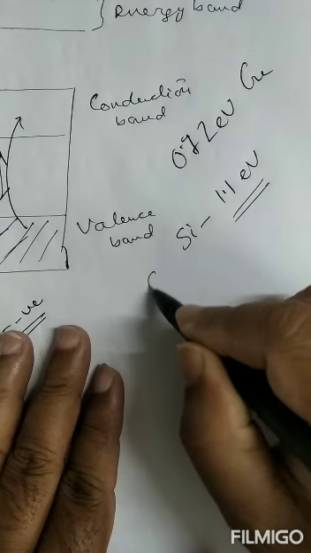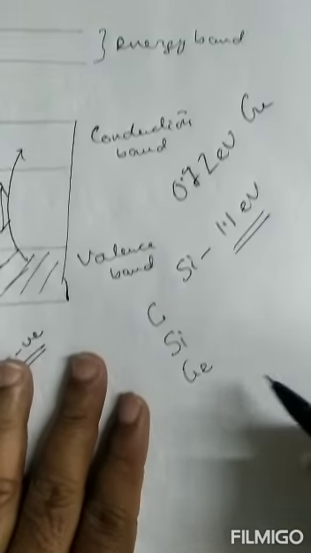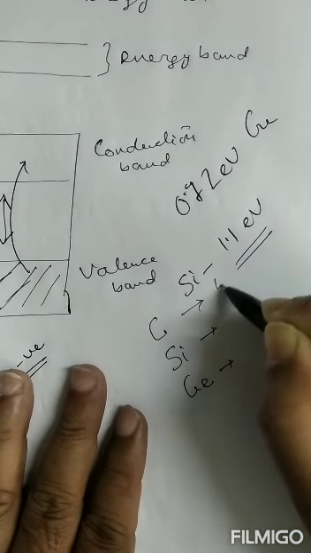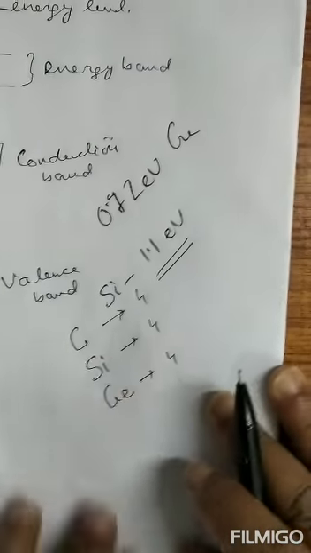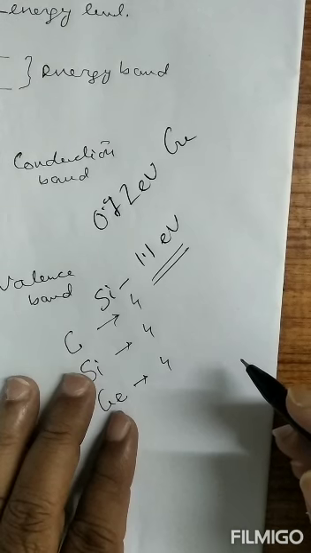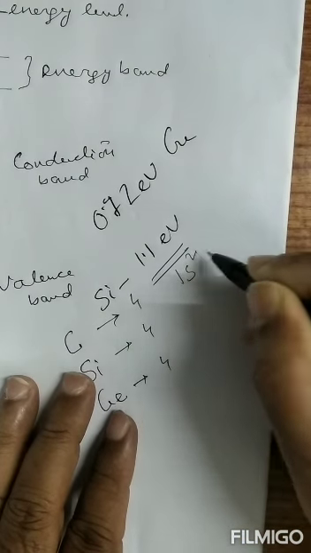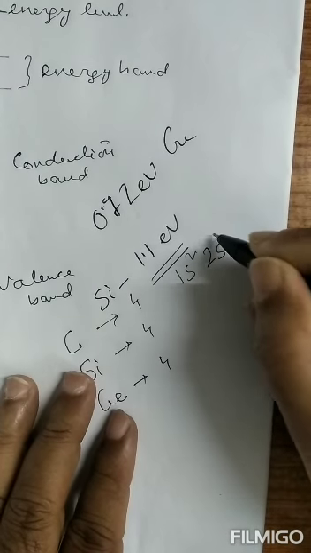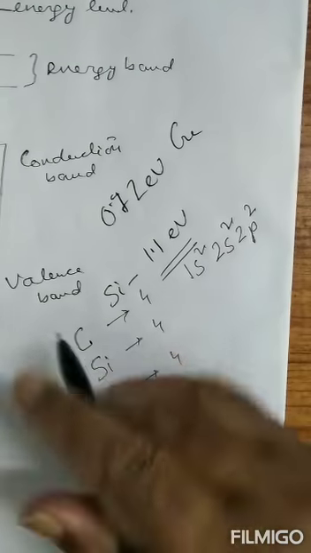As for example, carbon, silicon and germanium, all these atoms have 4 electrons in their outermost shell. Can you remember the electronic configuration of carbon? It is 1s2, 2s2, 2p2. Yes or no? The atomic number of carbon is 6.